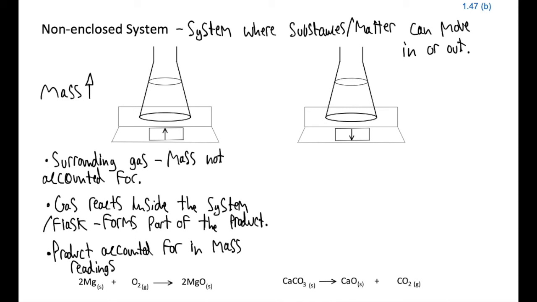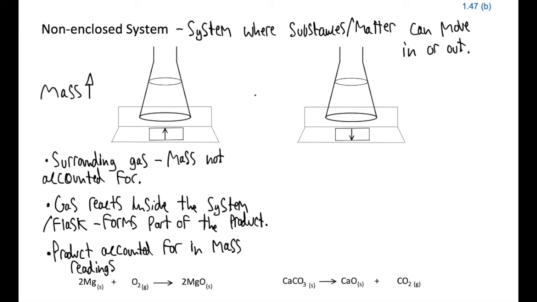So the gas wasn't part of the initial mass to begin with, but as it reacts with whatever is inside, it becomes part of the product, which is most likely a liquid, a solid, or something dissolved. And it's therefore accounted for in the mass readings on the scales at the end of the reaction. A large part of the previous tutorial was looking at something just like this, where oxygen gas entered a vessel and reacted with what was inside, which was magnesium. And the mass increased because the oxygen from the surroundings formed part of the solid product.